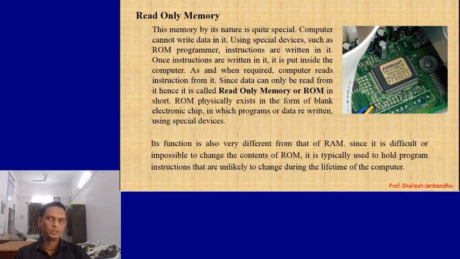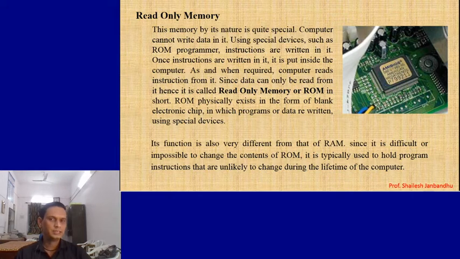The next type of memory is read-only memory. The name itself says read-only memory. Just like RAM is a read and write memory, meaning we can read from it and write on it, read-only memory, or ROM, can only be used for reading.